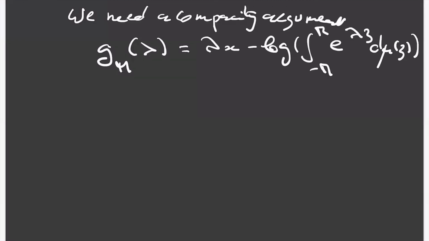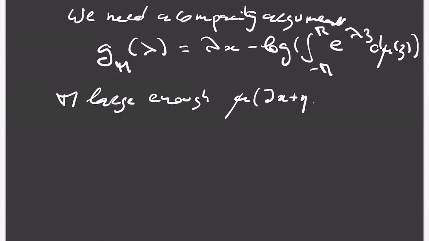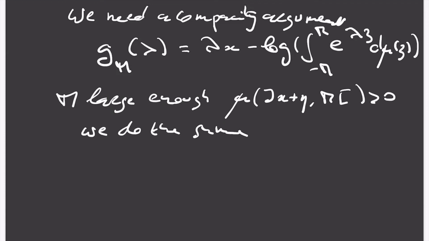And we make sure that m is large enough so that the measure of x plus eta m is positive. And we do the same as at the beginning of the proof, in fact.